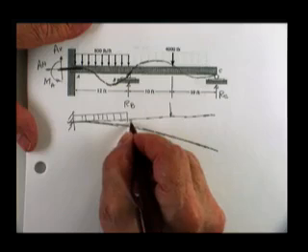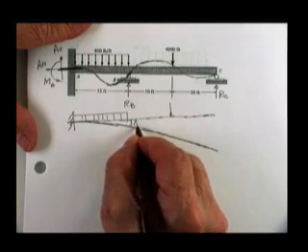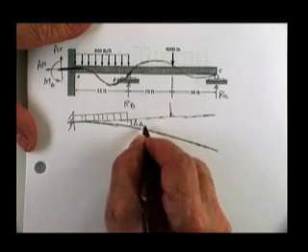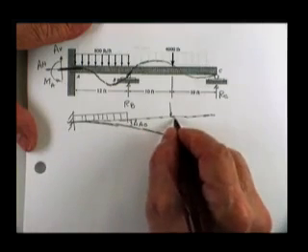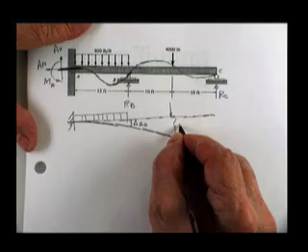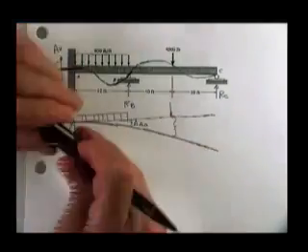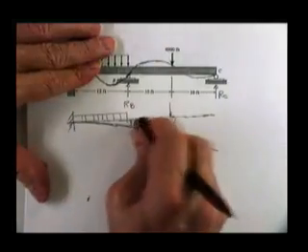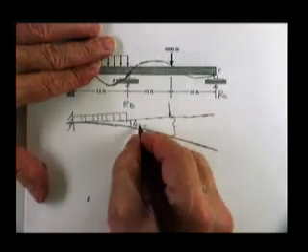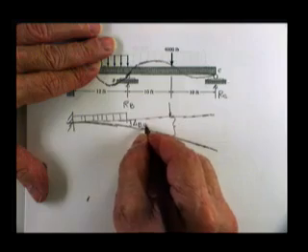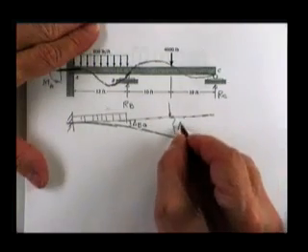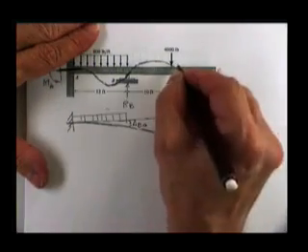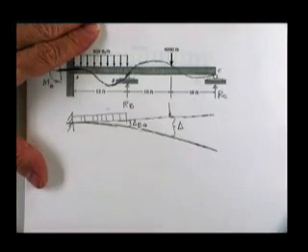There will be some deflection at A due to the real loads. There will be, that's B. There will be some deflection at B due to the real loads. And there will be some deflection at, how come nobody hollered?